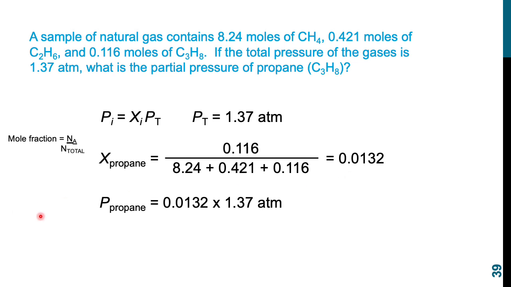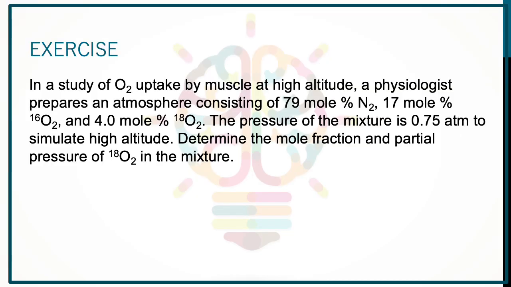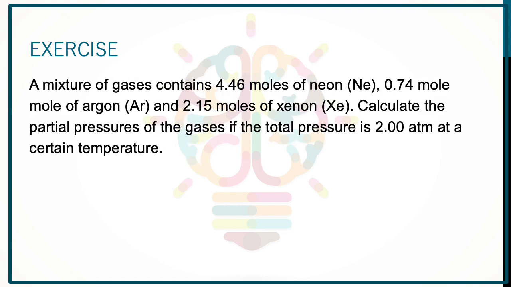So the partial pressure for the propane equals X propane, that is 0.0132, multiplied by 1.37 atm. You will get 0.0181 atm. Okay, please try this exercise, and also this exercise. Please try these two exercises.